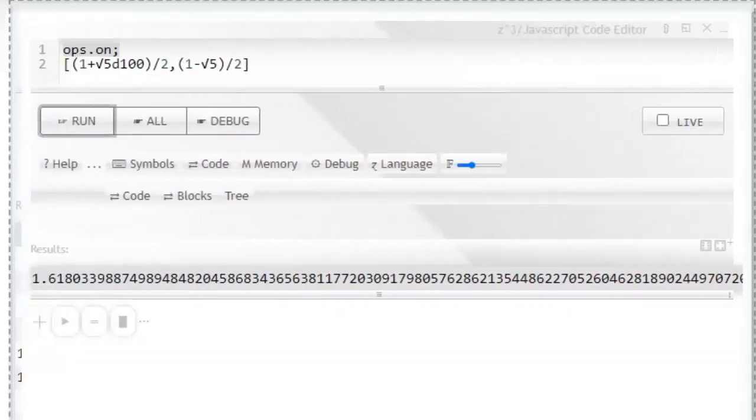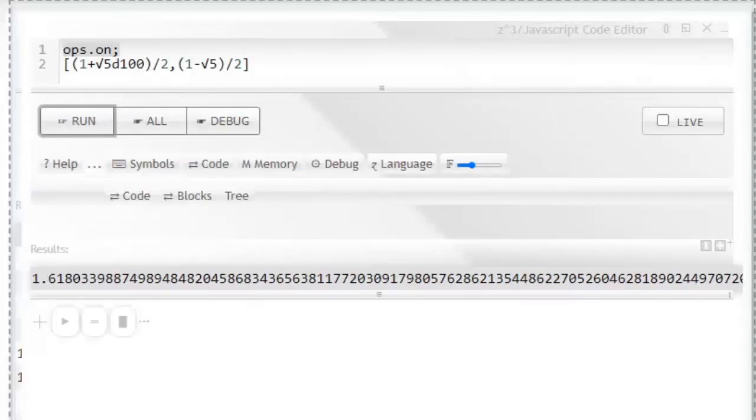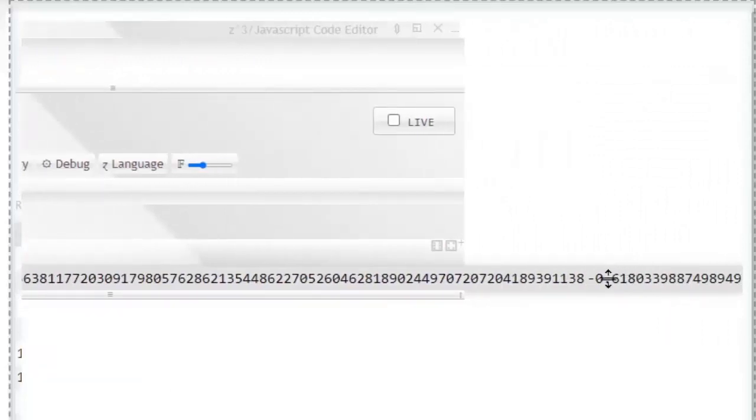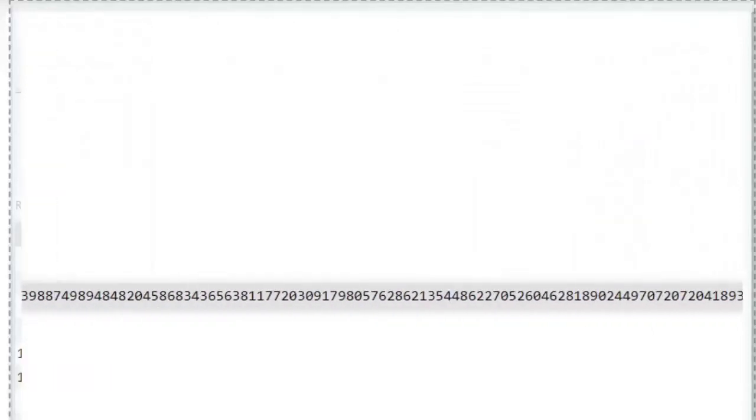Now remember that the numbers are pretty much exactly the same after the decimal point. If you remove the 1 from here, it's 618033988, and so forth. And you can see the other side is also 6180339, and so forth. Now if I put D100 here for the second part, I will get that also to 100 decimal places of accuracy.